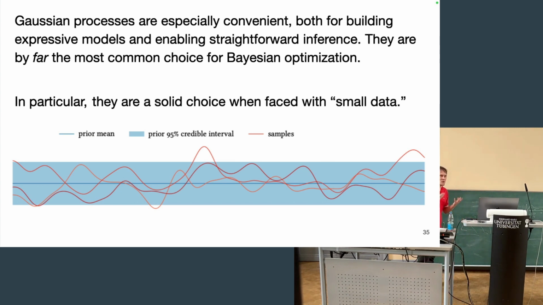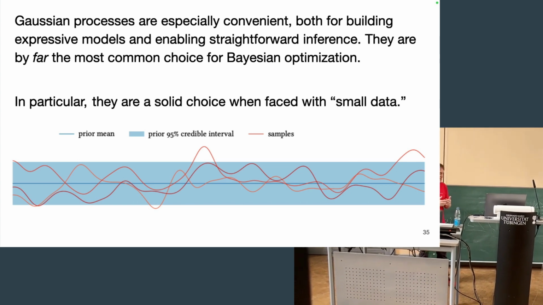Gaussian processes are extremely convenient here, both in terms of building expressive models and also being mathematically convenient for inference. They're by far the most common choice in Bayesian optimization, especially when you're stuck in the small data regime. I often work with collaborators who come to me only being able to make maybe 20 measurements of their system a year, in which case they're never going to have enough data to train a sophisticated model.